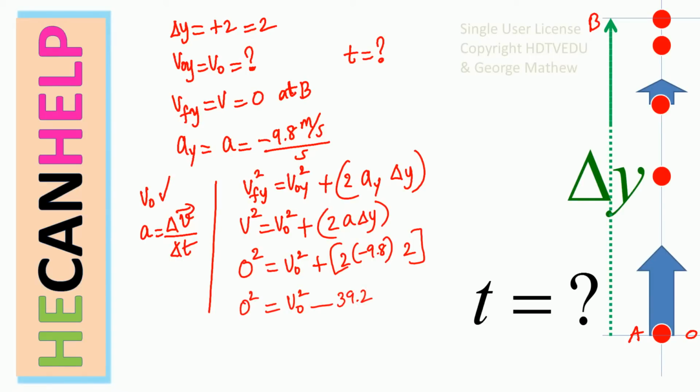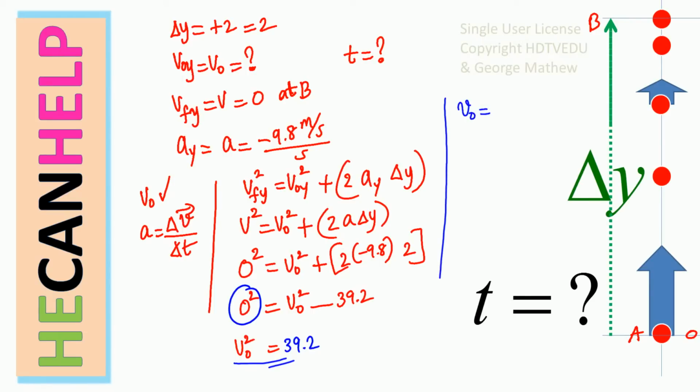So we get V initial squared. Don't forget, 0 squared is just 0, right? So take 39.2 to the other side and you get V initial squared is equal to 39.2. Square of the speed is 39.2. So what can you say about the speed itself?